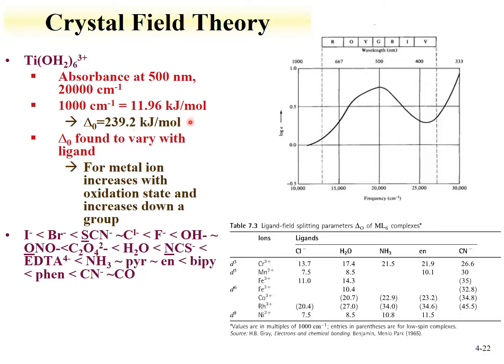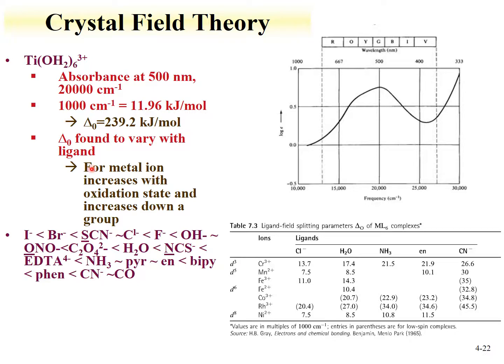We can use this to determine the ligand field splitting parameter, and it's found that the splitting parameter varies with the ligand. We already know that we can use UV-vis spectroscopy to determine the speciation, but that change in the wavelength can also be used to determine changes in the molecular orbital of the complex.